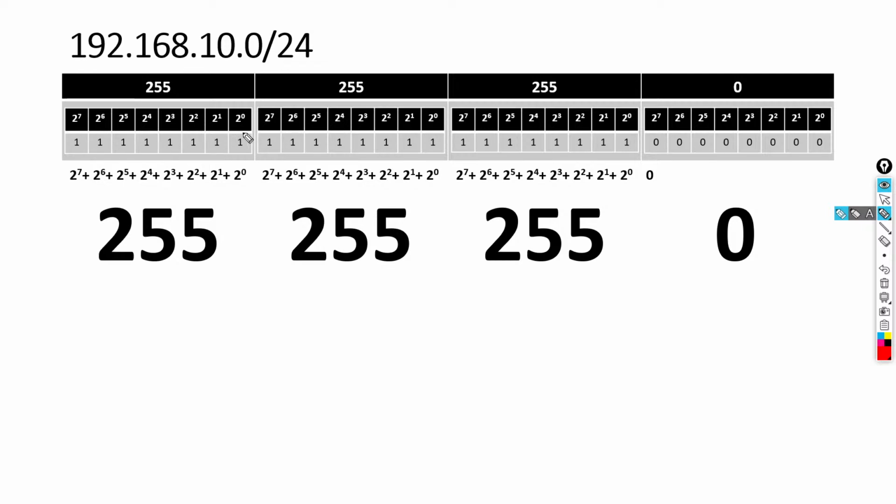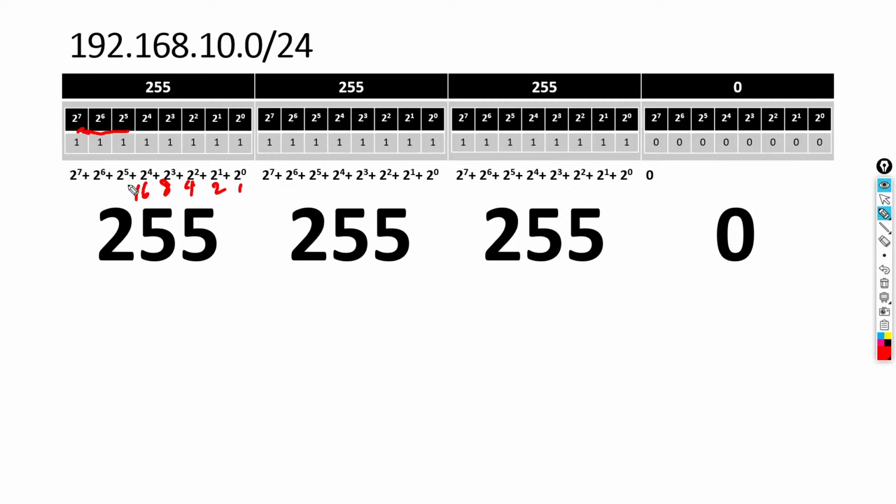The last value is 2 to the power 0, next is 2 to the power 1, then 2 to the power 2, 3, 4, 5, 6, and 2 to the power 7, correct? So 2 to the power 0 is what? You will get 1. 2 to the power 1 is 2. 2 to the power 2 is 4. 2 to the power 3 is 8. 2 to the power 4 is 16.